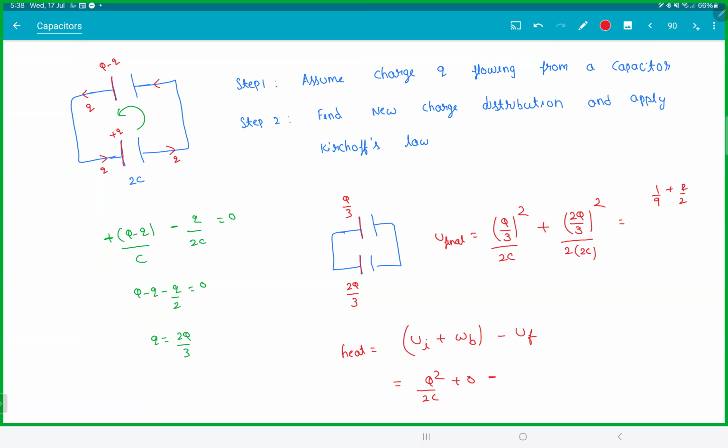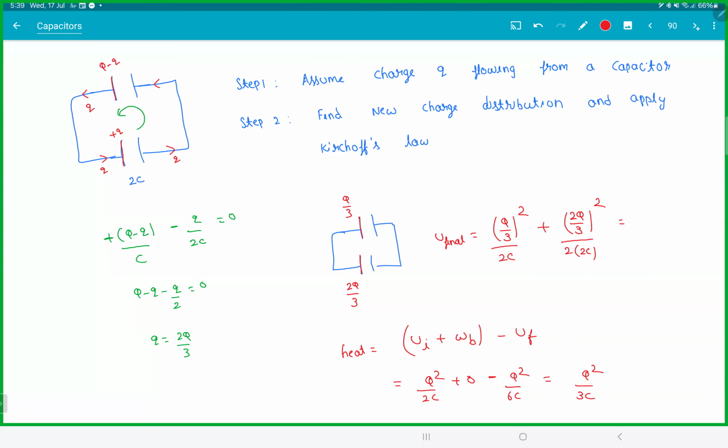That will be half. Q square by 18C, 1 plus 2, 3, Q square by 6C. That would be Q square by 3C.